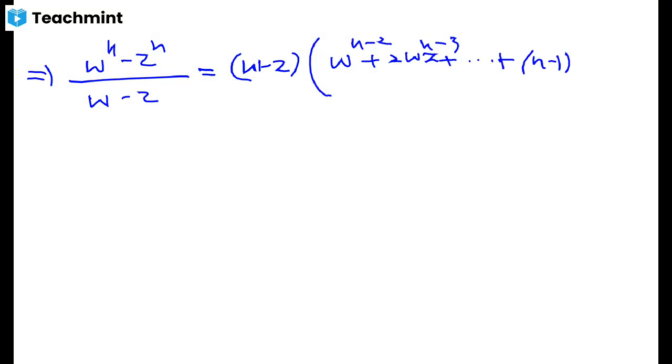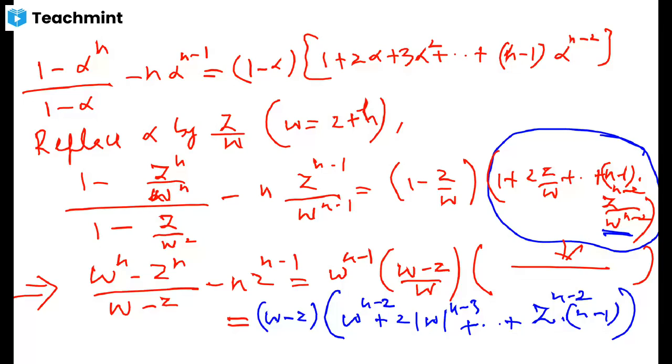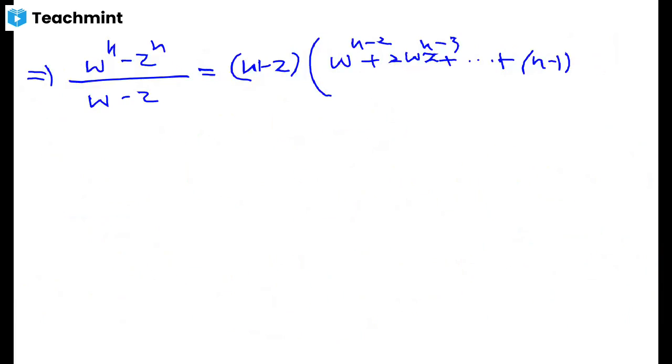Let me correct here also. It is 2 times w to the power n minus 3, and you have a z also here. You cannot miss the z here. You don't have the w in the last term, you have only z to the power n minus 2.